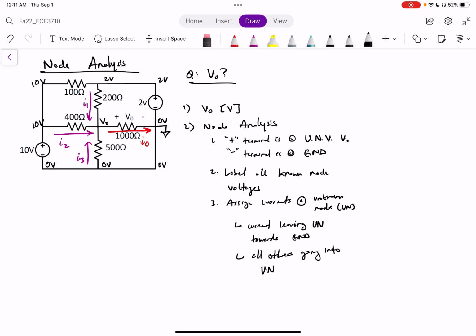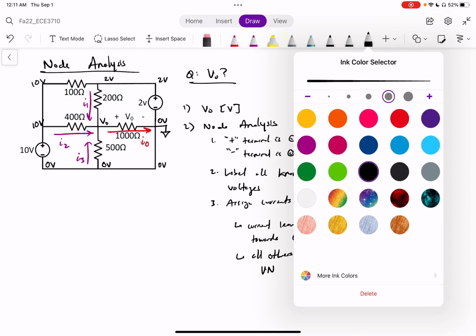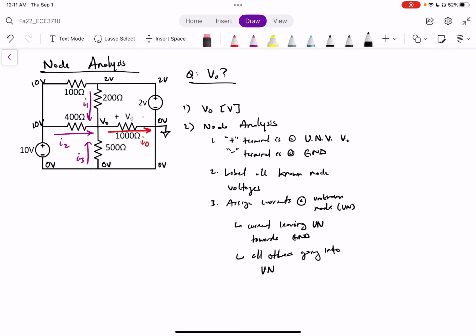Step number 4 is to complete KCL at the unknown node voltage, which is VO for us.